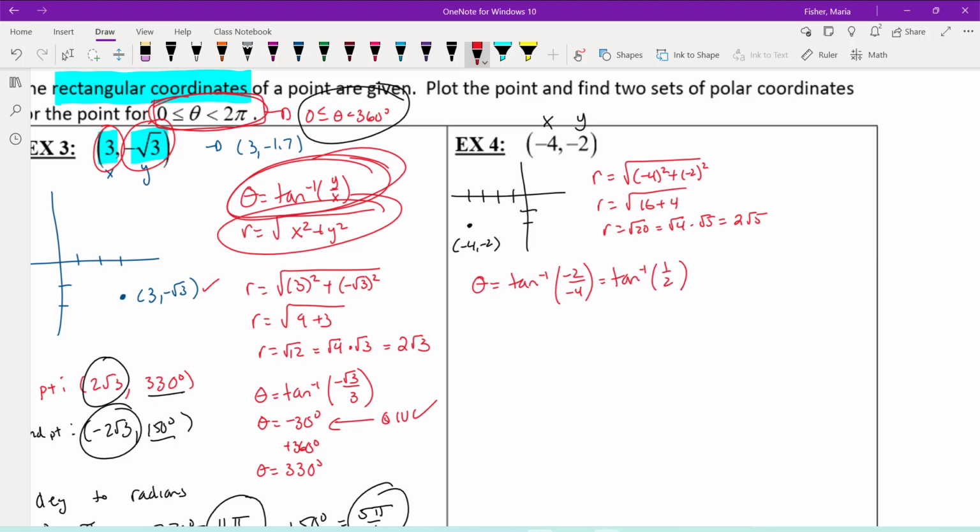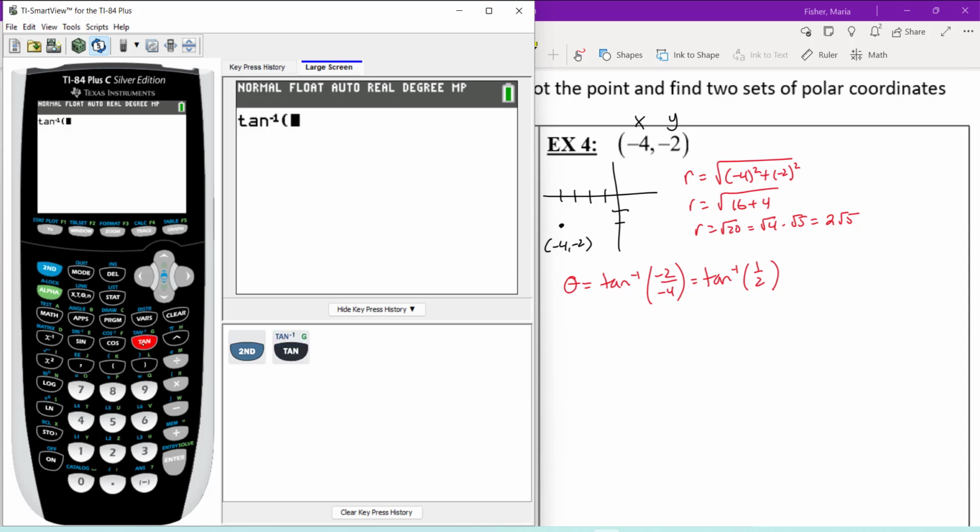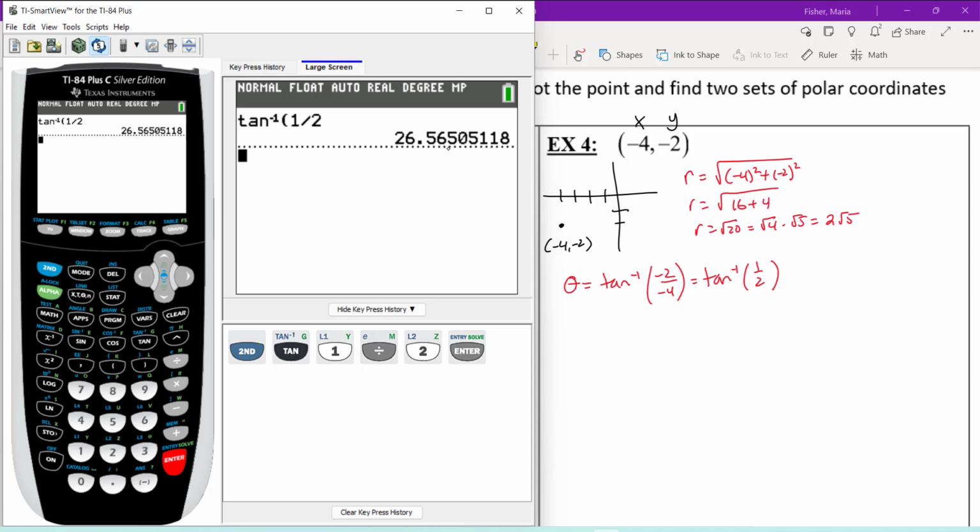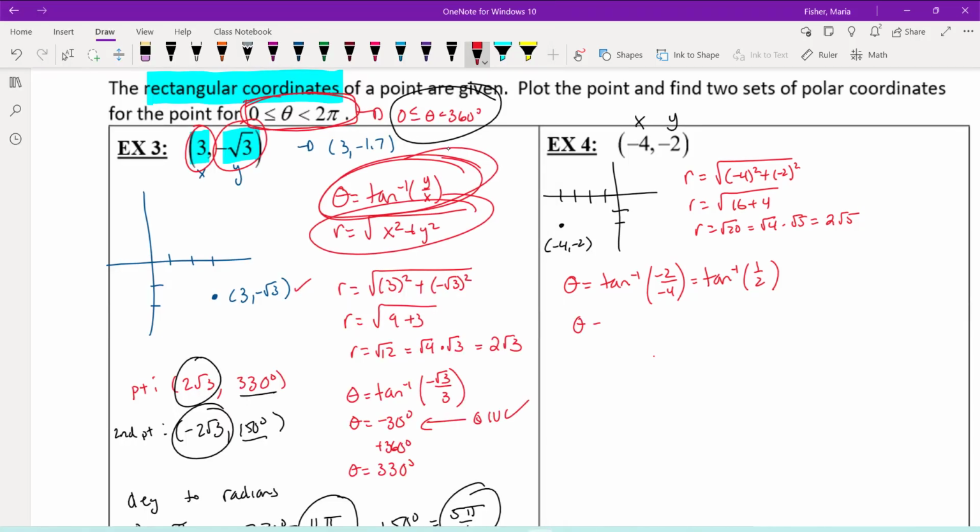Let's put that in a calculator. The inverse tangent of a half is equal to 26.565 degrees. The first thing you need to figure out is what quadrant does that angle lie in. This angle is in quadrant 1, but my point is not in quadrant 1, is it? It's in quadrant 3.